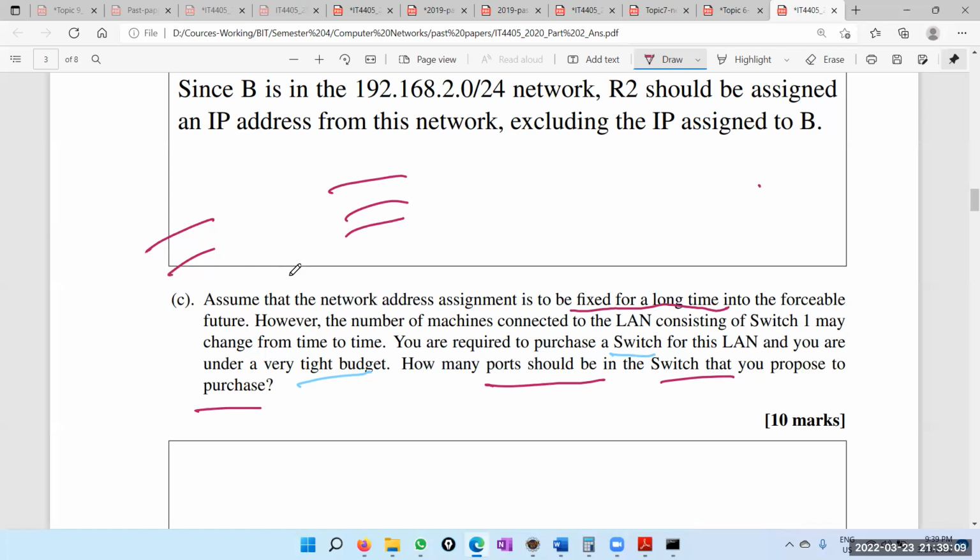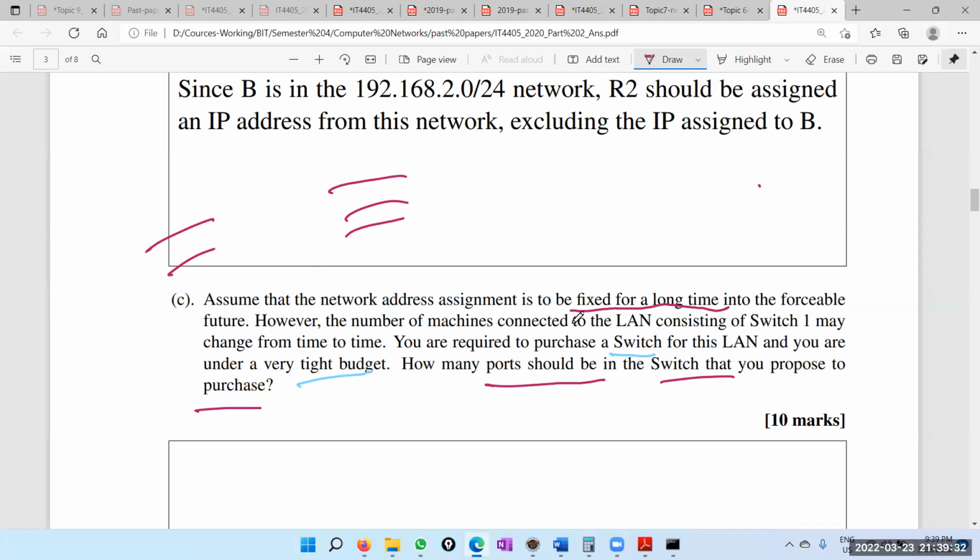If computer X is not connected, still at any time if X is connected, it must be assigned the IP address that it required. So that means static IP addresses. So if you have 100 computers, we need 100 IP addresses. That is what the examiner is trying to tell you.